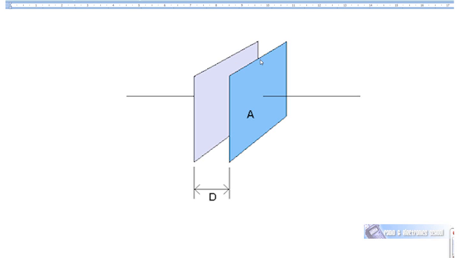If we replace that with a material with a permittivity of 5 rather than air, then the capacitance would increase by a factor of 5. So capacitance is directly proportional to the area of the plates, directly proportional to the permittivity of the material between the plates, and inversely proportional to the distance between the plates.